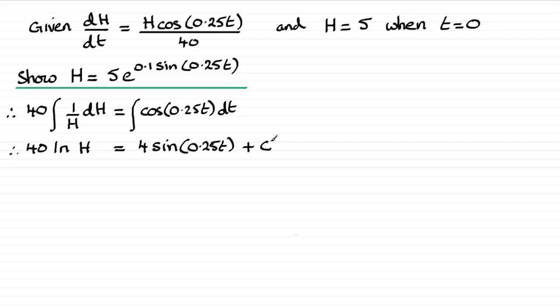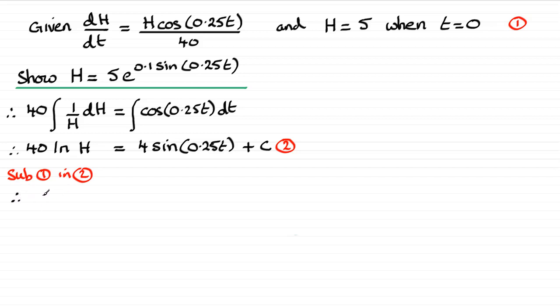All right? Now, I'm going to work out what that constant c is by putting these boundary conditions in. So let's just say we call that 1, and we've got our equation here 2. So just going to say sub 1 in 2, okay? And that will allow us to find our constant c.